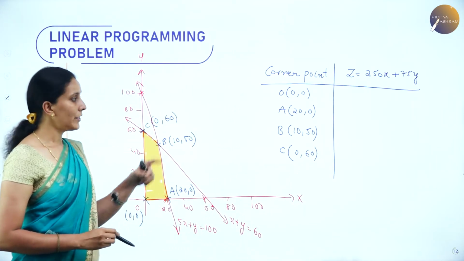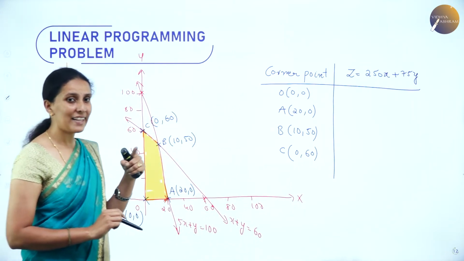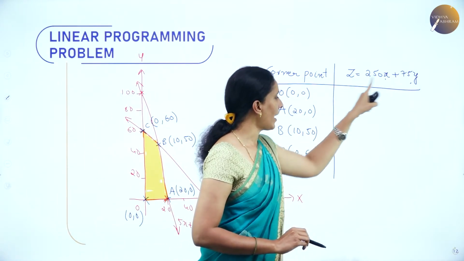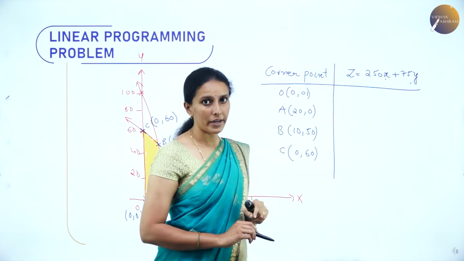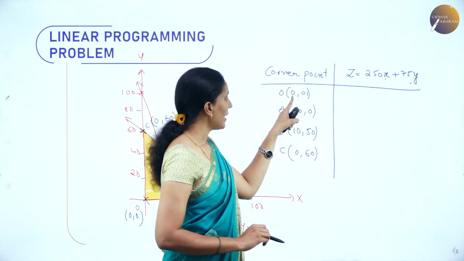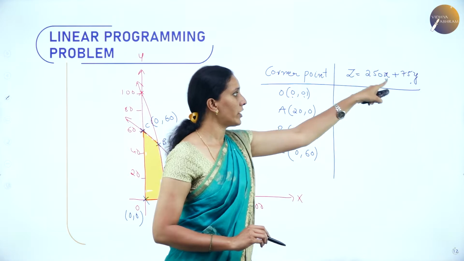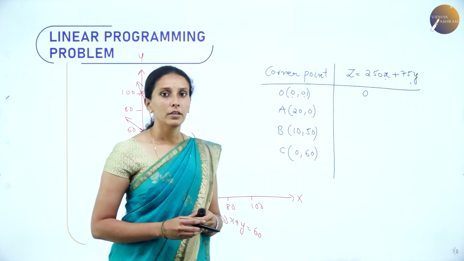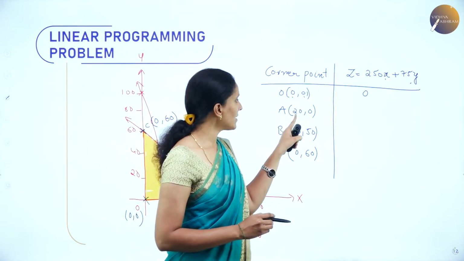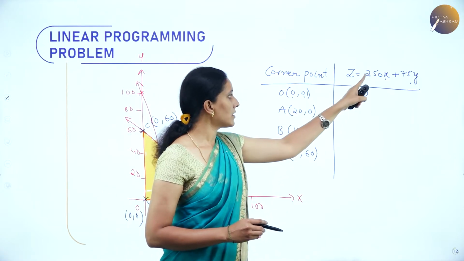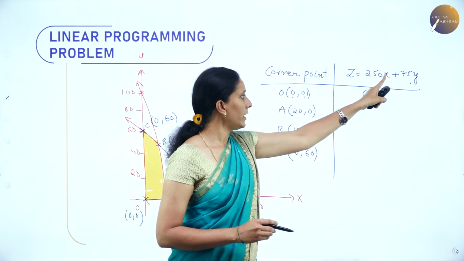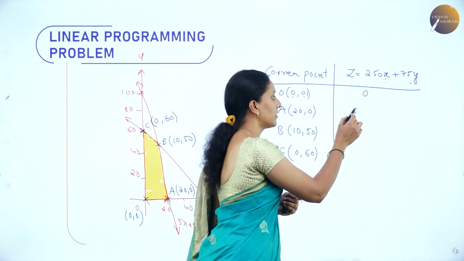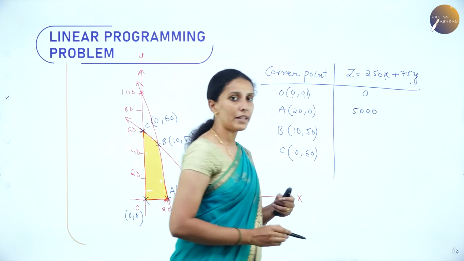Once you write all the corner points, the next thing is to substitute the values of x and y by taking the coordinates. For the first one, x is 0, y is 0, so the whole expression becomes 0. Next, A is (20, 0), that is 250 into 20 plus 75 into 0, so you will get the value as 5000.